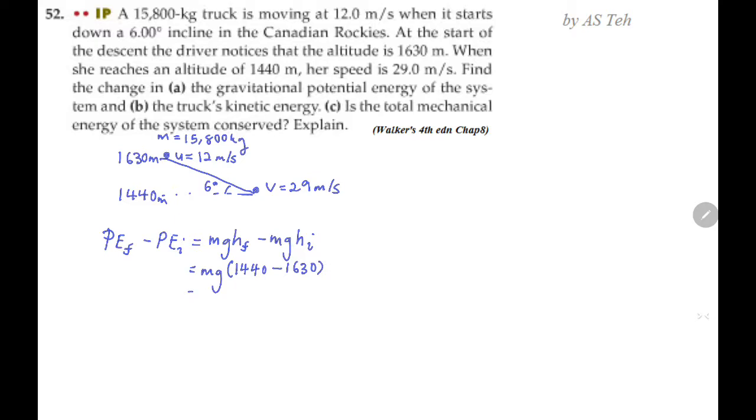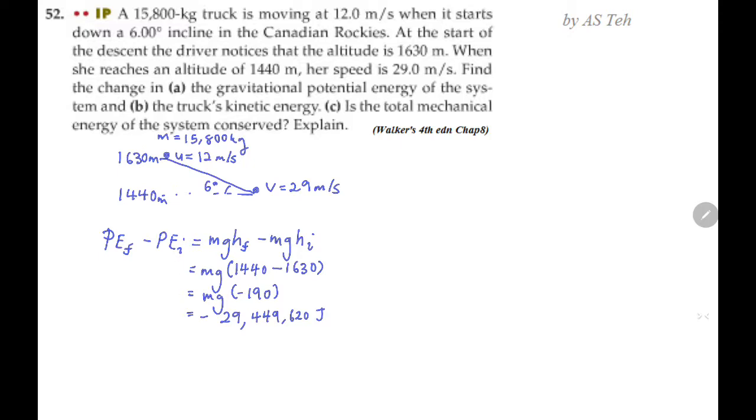And what you get is mg times negative 190. Okay, the negative actually denotes that energy has been lost. So this equals negative 29,449,620 joules.